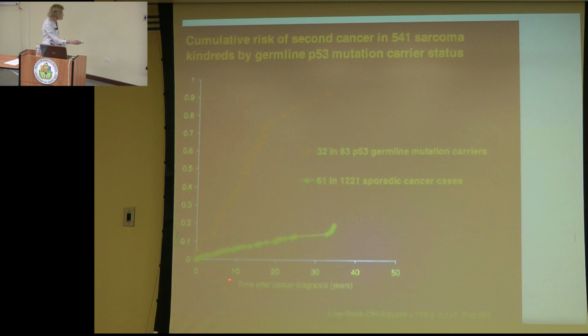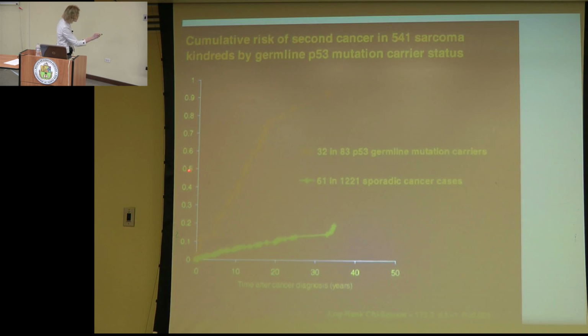35 years. But look at this curve for the p53 germline mutations. Some of these are almost simultaneous. And since you know most of these are very young people, nobody should be having multiple tumors at young ages. And you see this just go up and up and up.